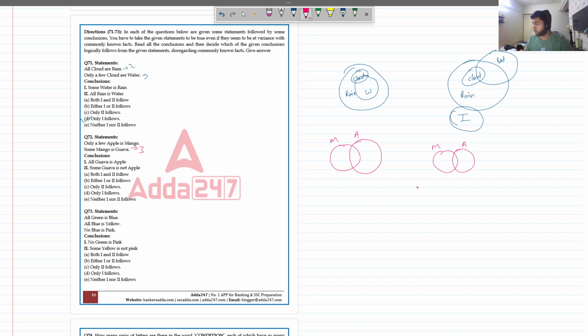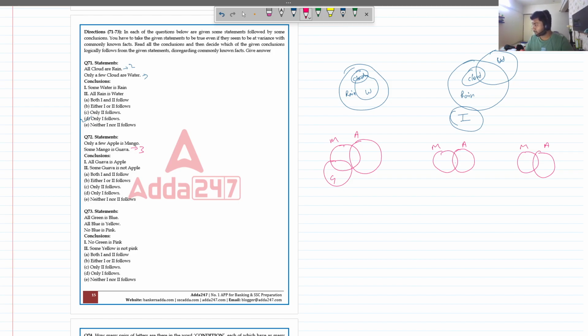After reading this statement too and looking at this diagram, in my mind I can think of three possibilities where this is true. So let me draw another diagram. Mango, apple. Only some mango is guava. So guava can be here, where some part of guava is mango, or some mango is indeed guava but no apple is included.